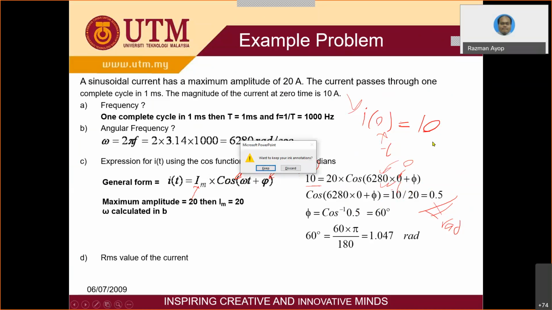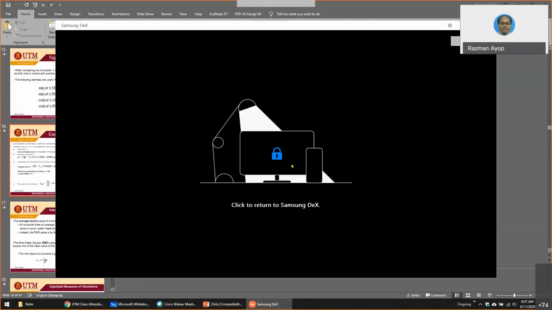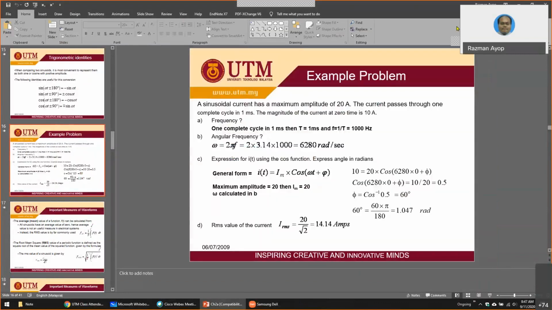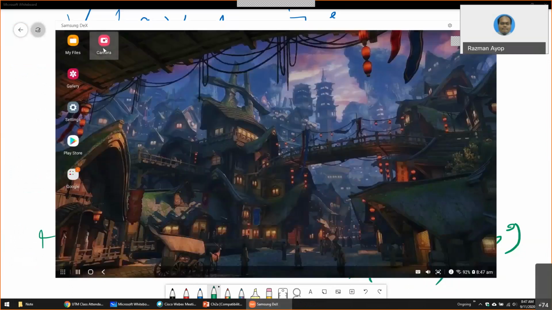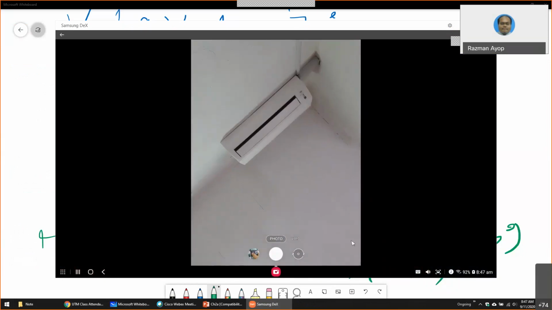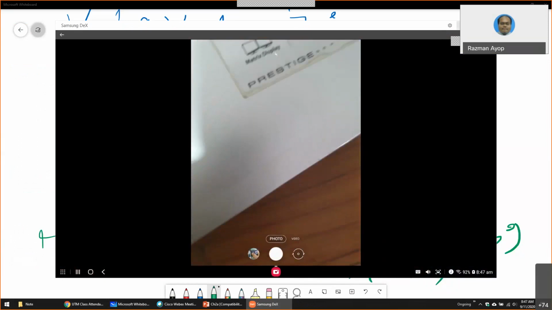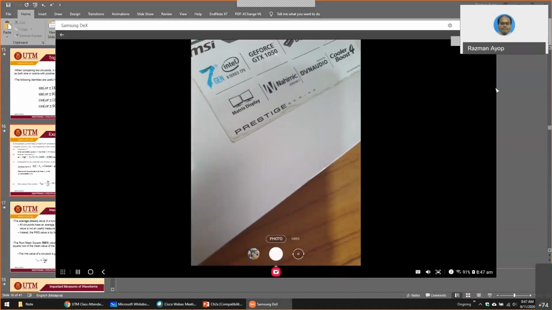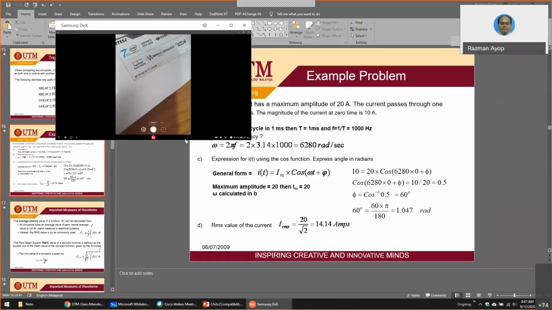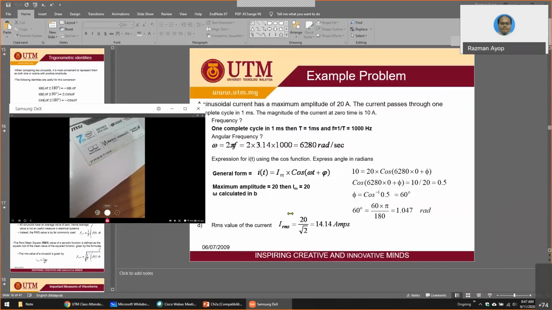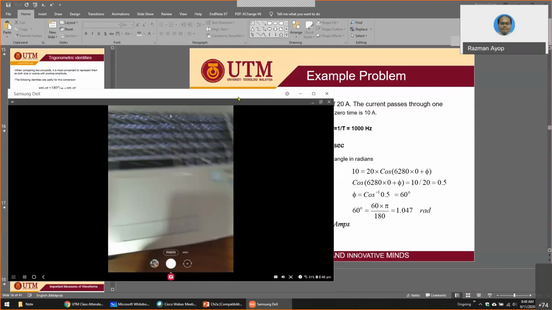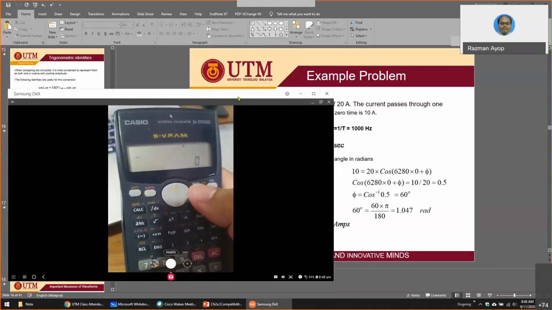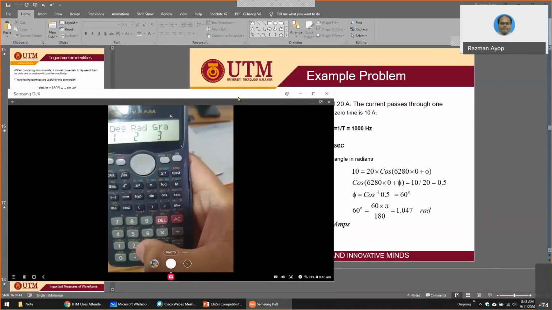How to do this? If you want to change the calculator to radian mode, make sure that you go to mode until the end, goes to radian.